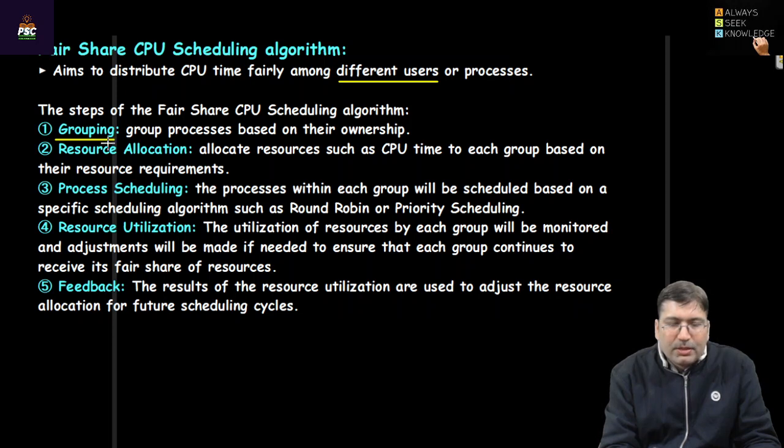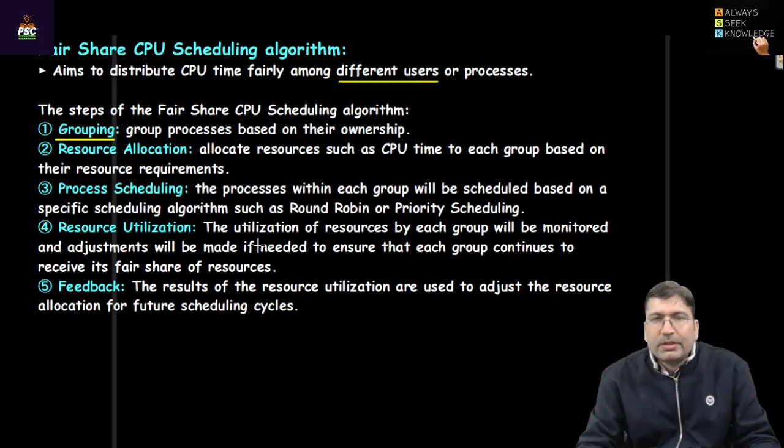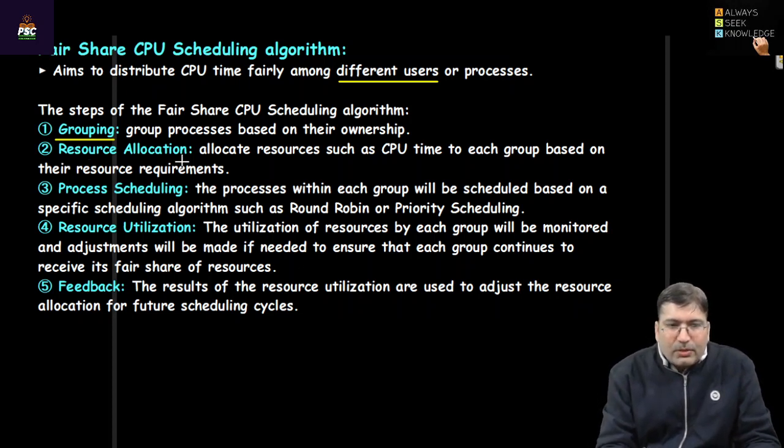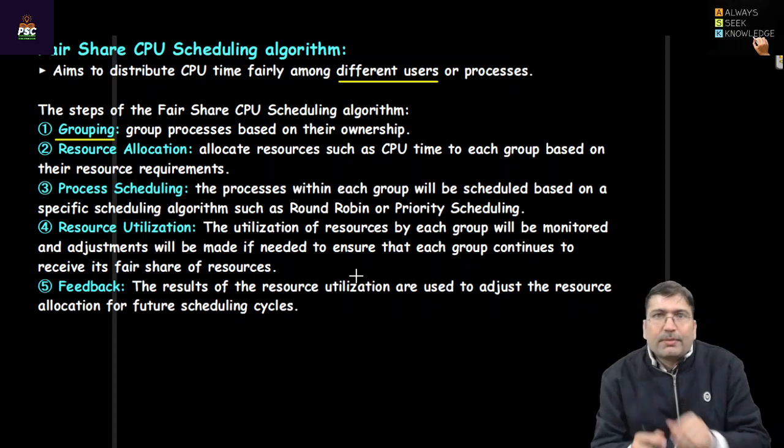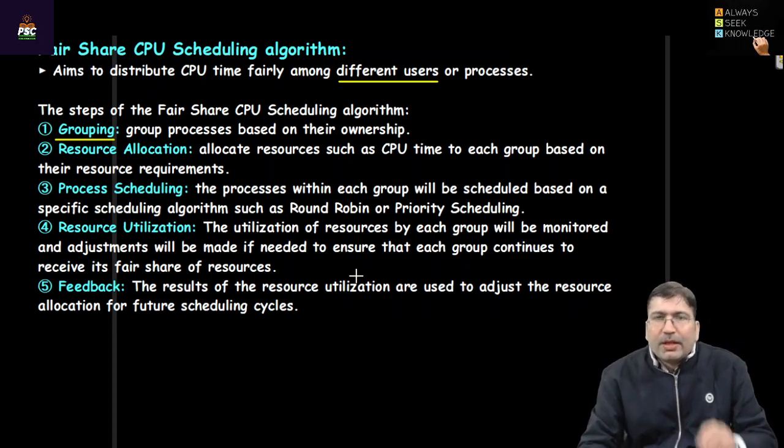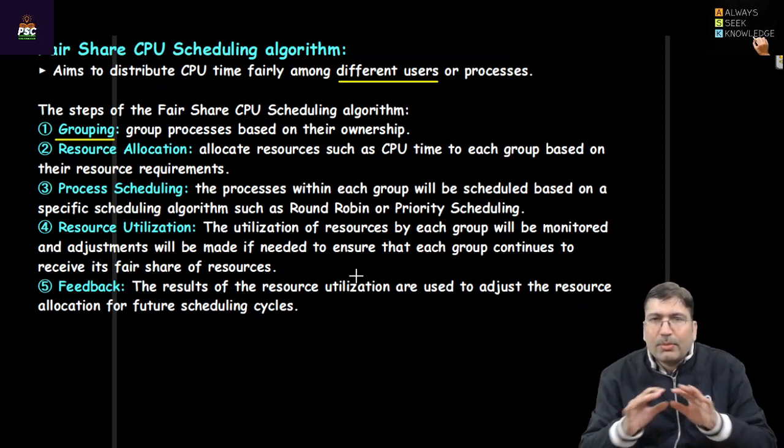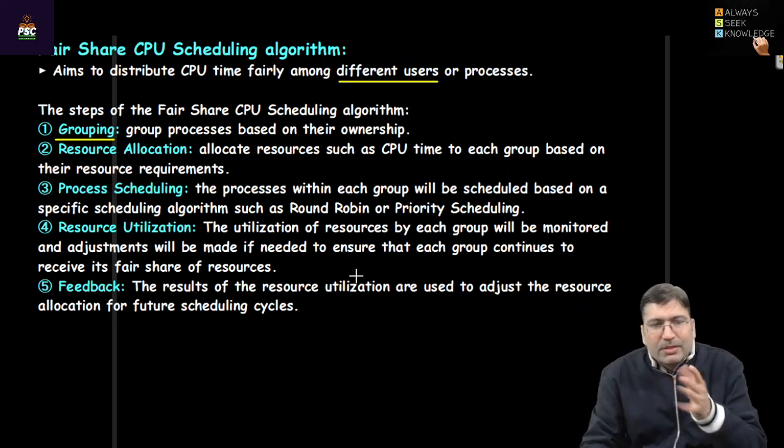It groups the running or available processes in the ready queue according to their ownership or the user. And then it starts allocating the resources group-wise, right? So if there are 3 users or 4 users or 5 users initiating processes, there will be an equal number of groups as available users. So if there are 5 users, there will be 5 groups.